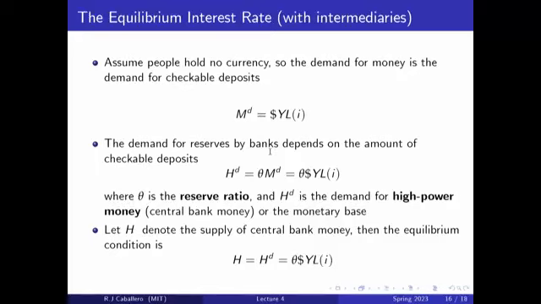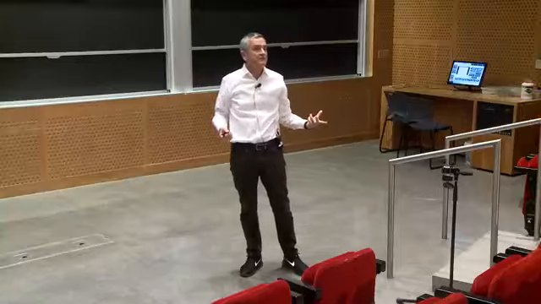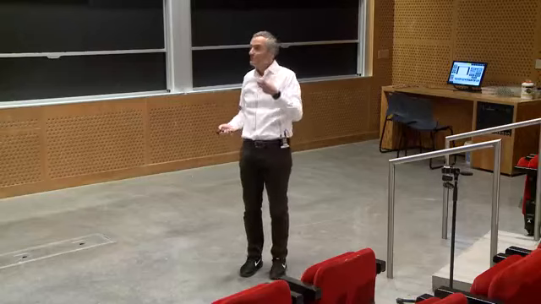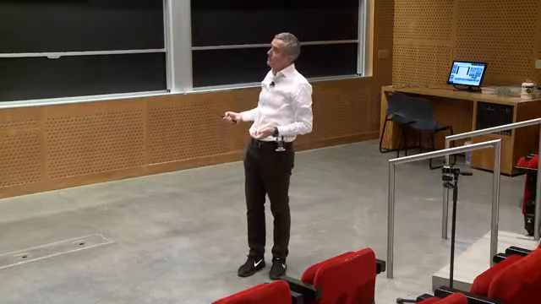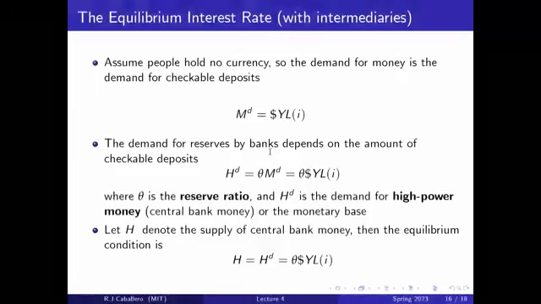Remember, before we had M equal to $YL(i). Now we're saying it's not M, it's theta times M, because it's only a fraction of total money, okay? It has to be equal to H. It's not total money demand, it's the money demand that ends up being demand for central bank money, because total money demand is the checking accounts.